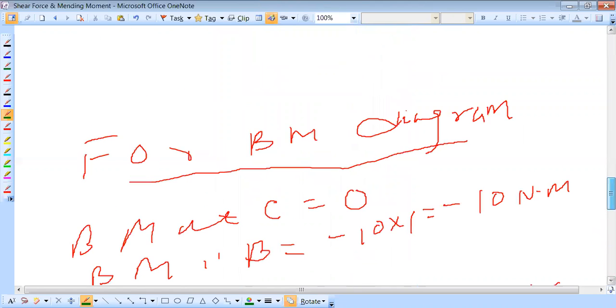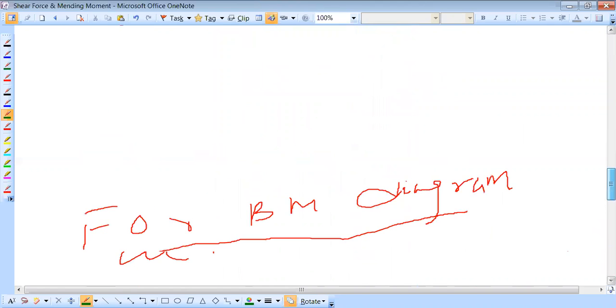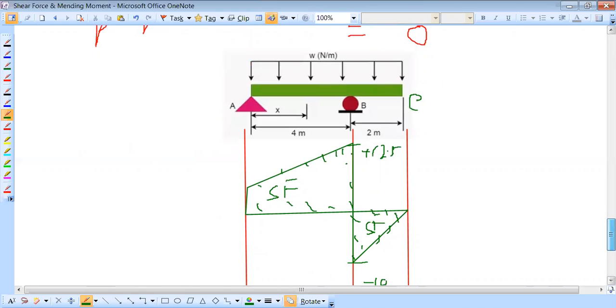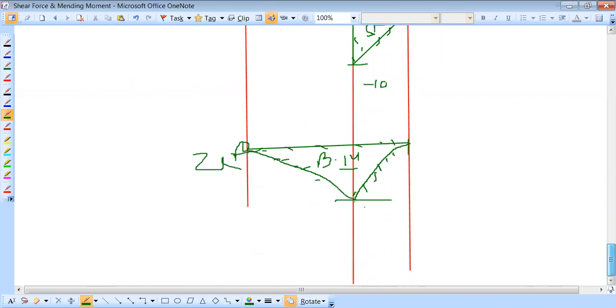And again we check this figure here, and this portion BM is also negative, and this also 0. Then the value of BM is maximum here because of sign change.